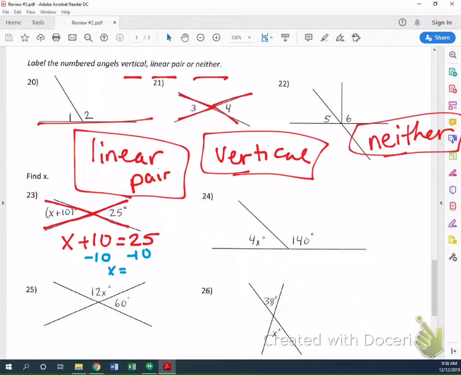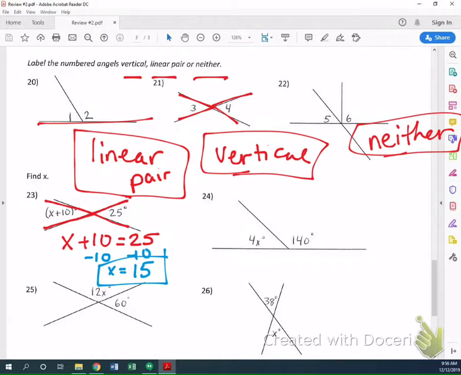Careful. What's 25 minus 10, guys? 15. 15, good.